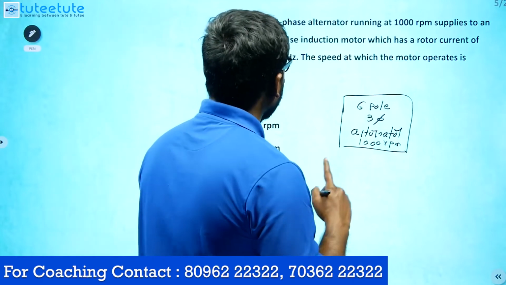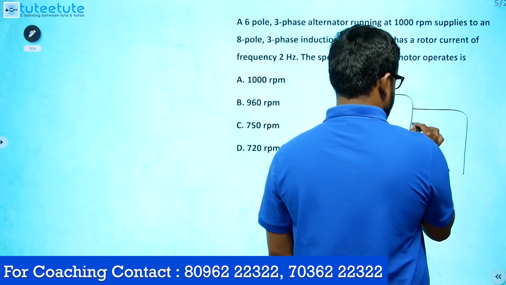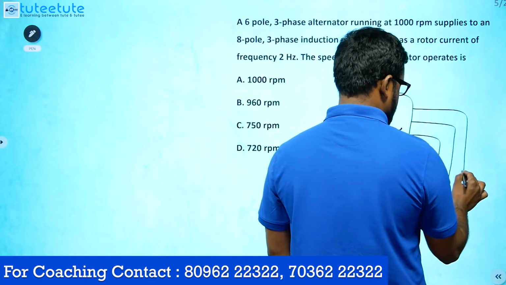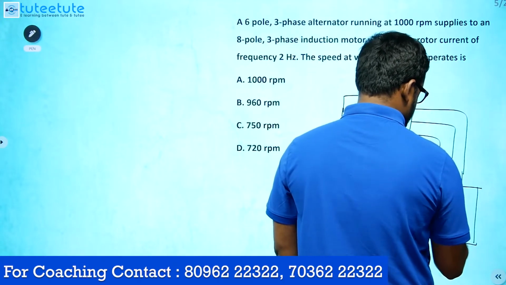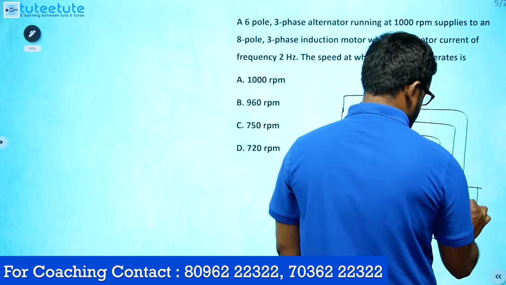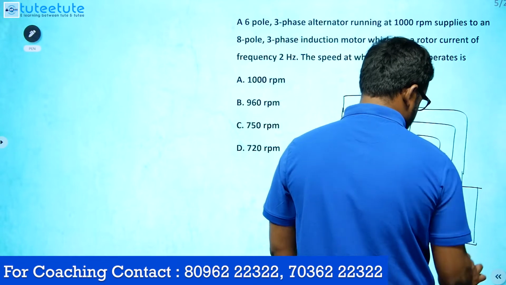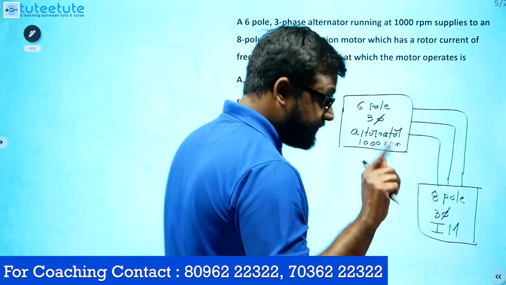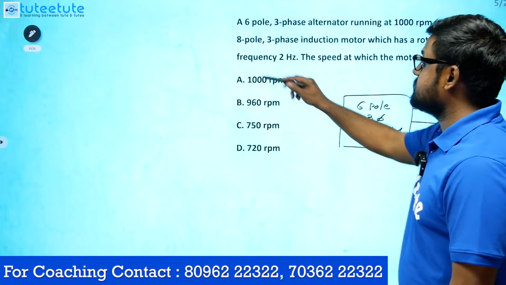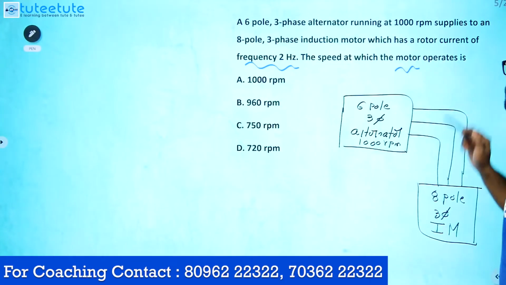It supplies to an 8-pole 3-phase induction motor. Now the rotor current of the induction motor has a frequency of 2 Hz. Now he is asking for the speed at which the induction motor is running.